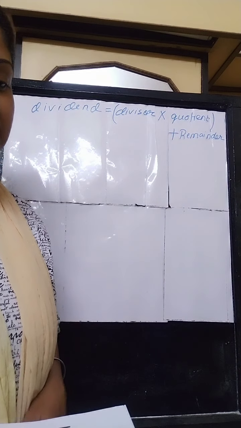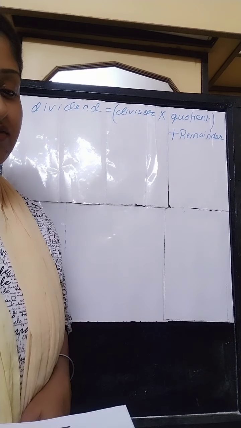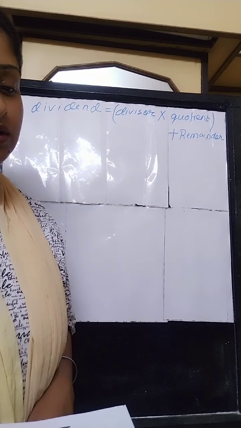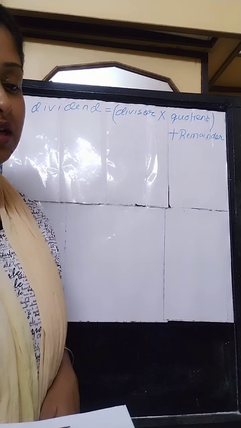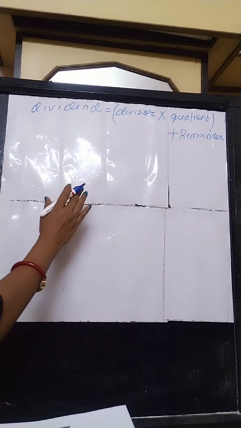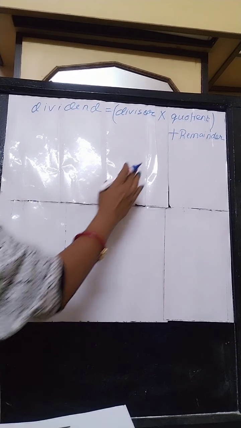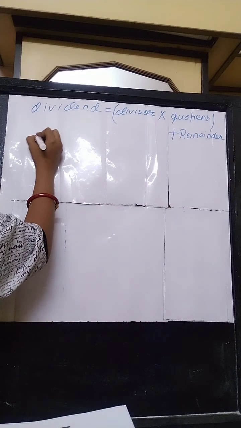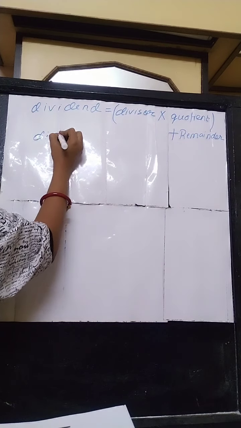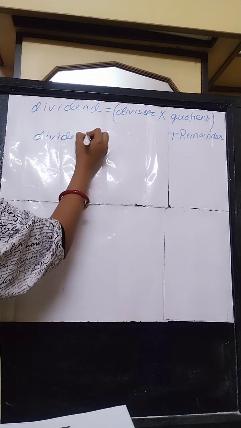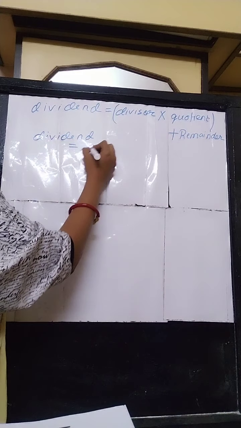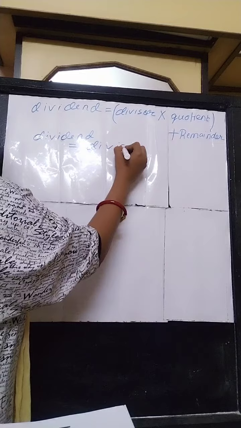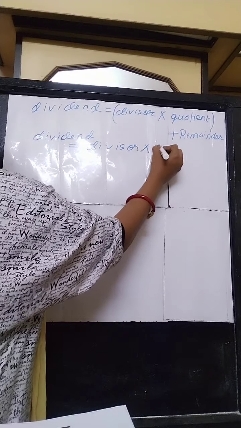So let's get started with one sum where divisor and quotient are given and you have to find out the dividend. Suppose divisor is given 215. Here in this sum, no remainder is there. That means in absence of remainder, you have to find out the dividend by multiplying simply divisor and quotient.